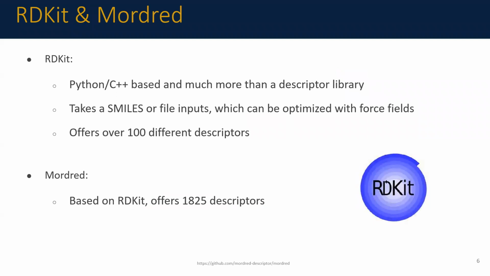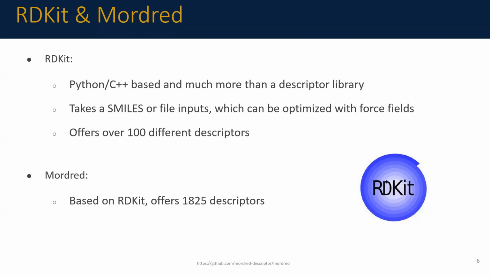First of all, I want to focus on RDKit and Mordred. RDKit is much more than just a descriptor library. Most people know that. It's a Python and C++ based tool which you can use to treat molecules in Python or in C++.